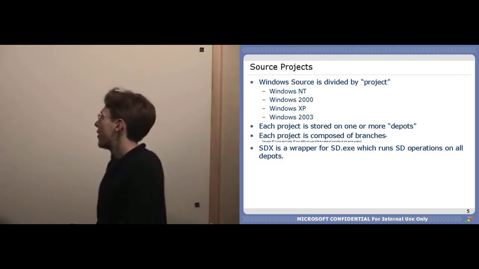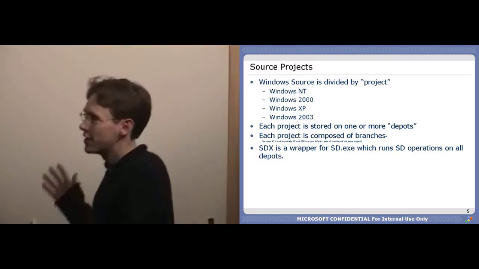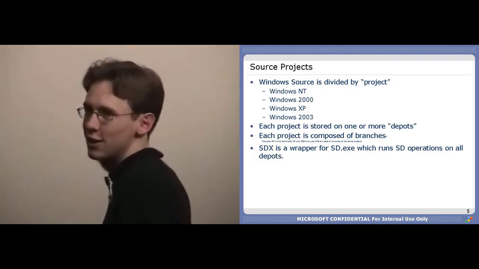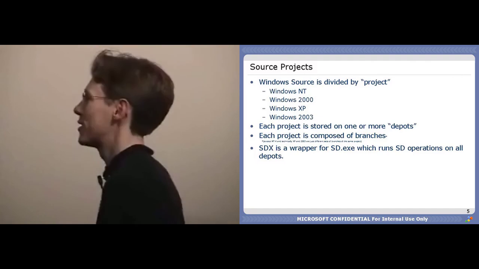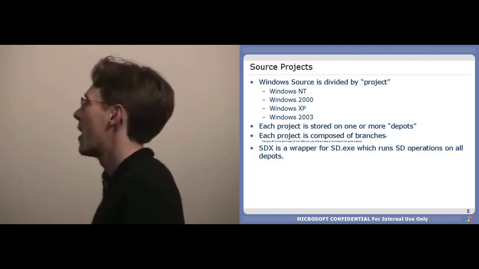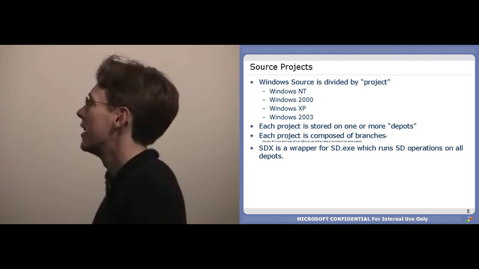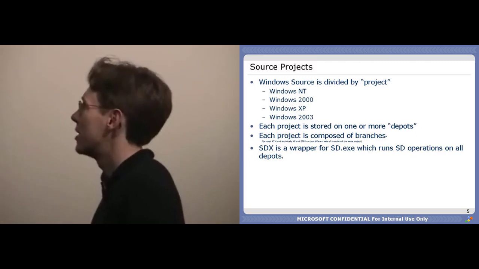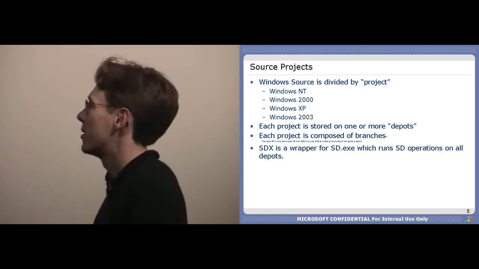Then we divide the source up into projects, because the NT source code has just been going since the beginning of NT. The way we've divided it up is by project, which is sort of like OS, so we have the Windows NT project, Windows 2000, Windows XP, and Windows 2003.